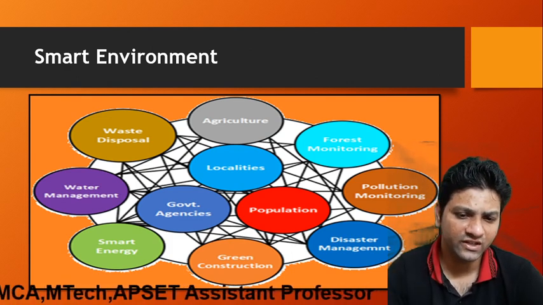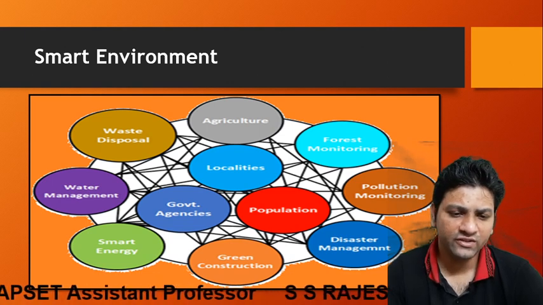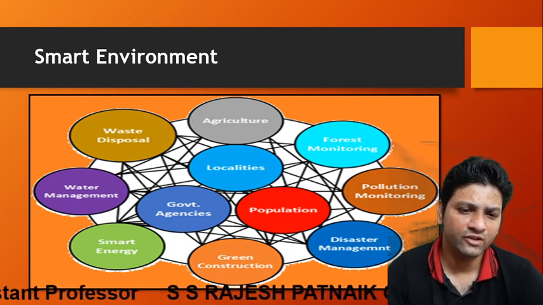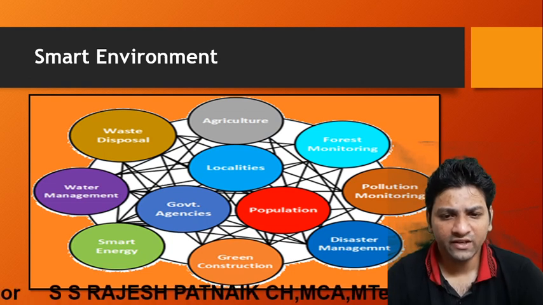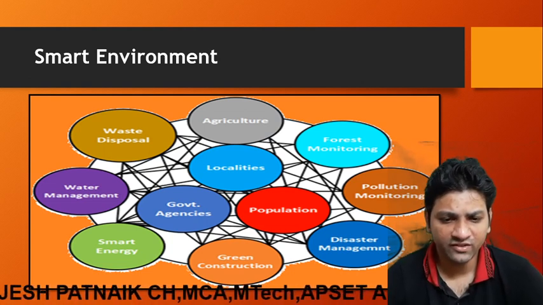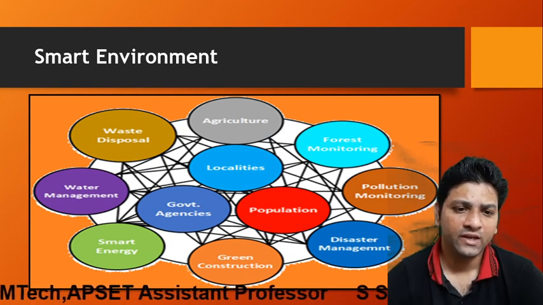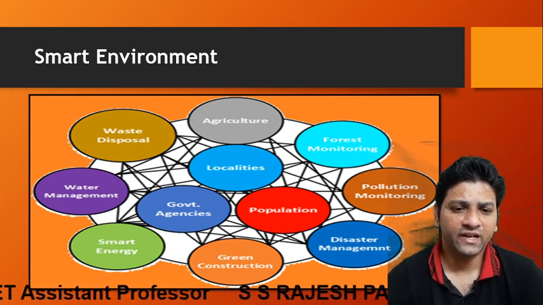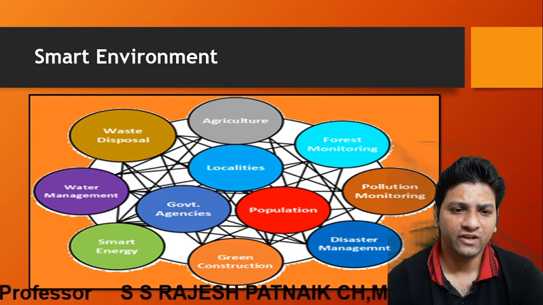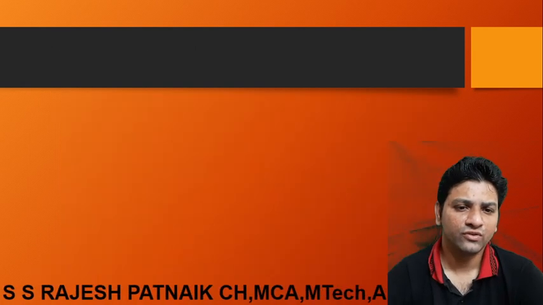These all things lead to disaster management. In the concept of disaster management, when a particular disaster comes, it can be tracked by certain smart devices or smart environmental tools.